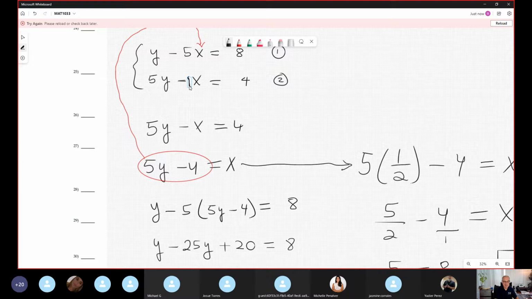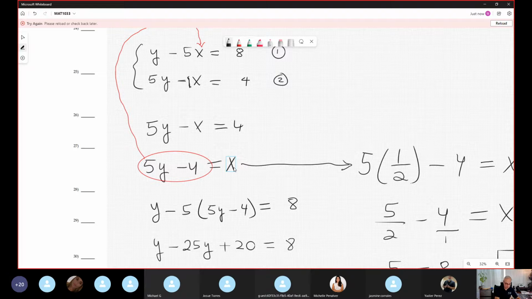So you take advantage of this fact and you isolate that variable by using equation 2. Therefore, when you substitute this x, you plug it into equation 1 because equation 1 is another equation.